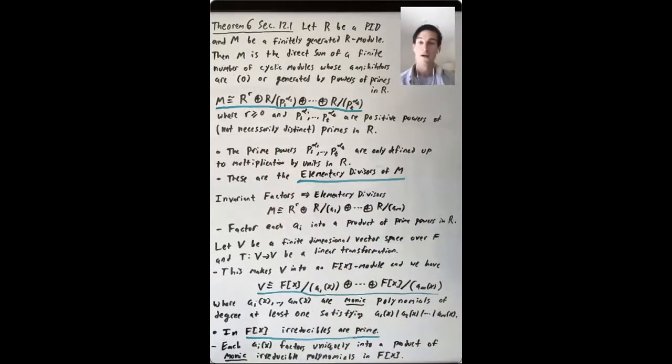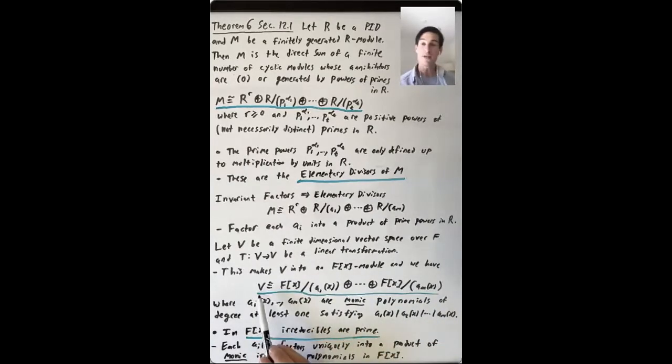So what does this all say if we're in the situation that we've been focusing on so far in this course, where V is a finite dimensional vector space over a field F, and T is a linear transformation from V to itself that gives V the structure of an F[x]-module, where the linear transformation T gives the action of x on V?